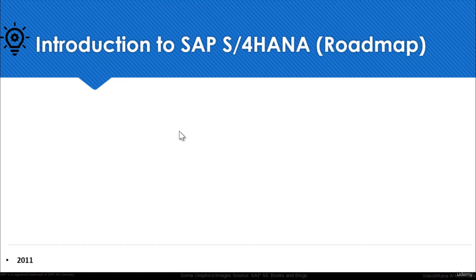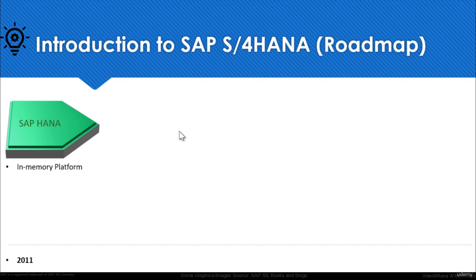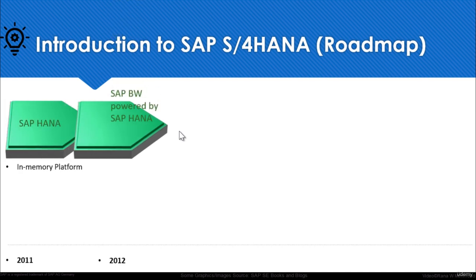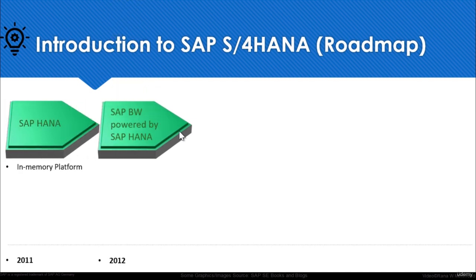So in 2011, SAP HANA database managed to gain traction in the market as an in-memory platform after its release in 2010. Then in 2012, SAP Business Warehouse powered by HANA was introduced to support real-time analysis and real-time reporting.